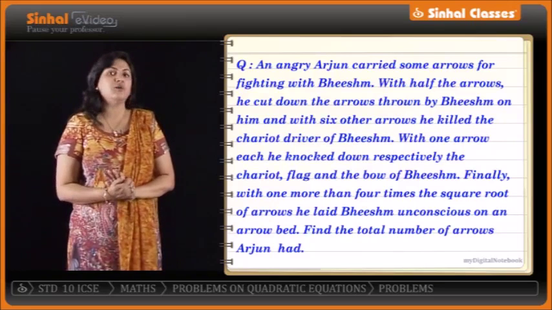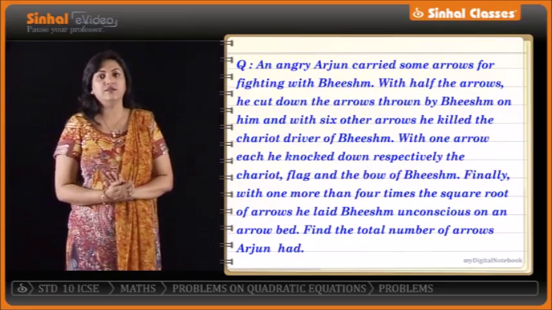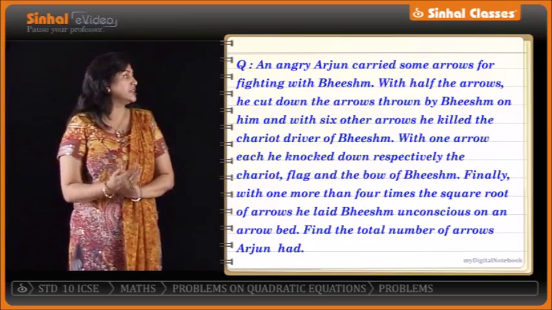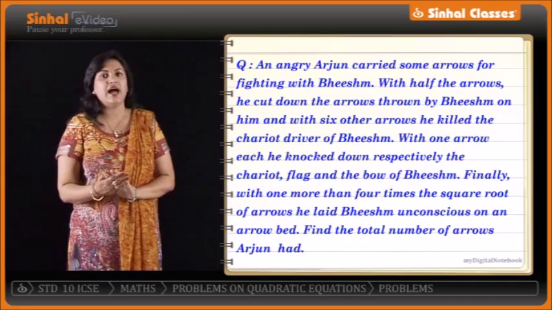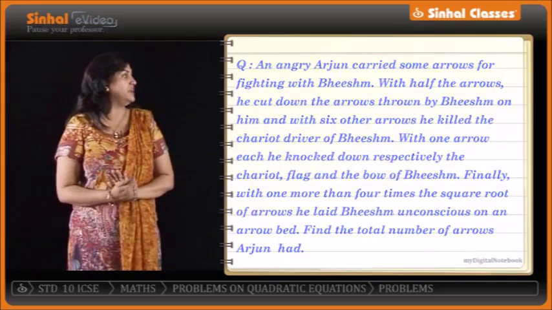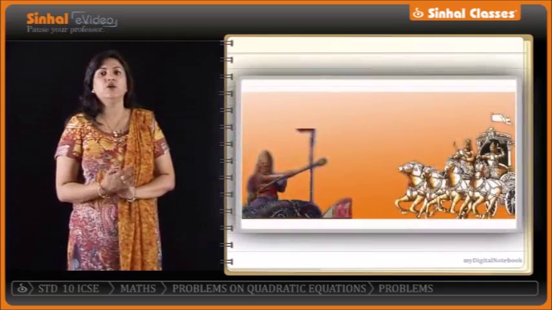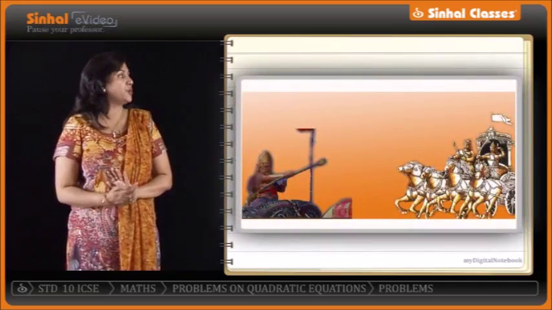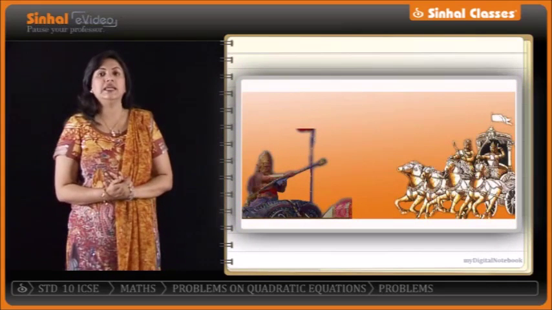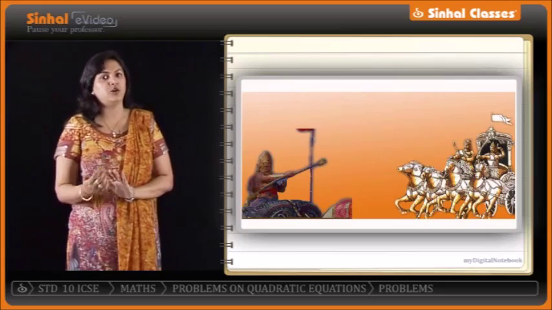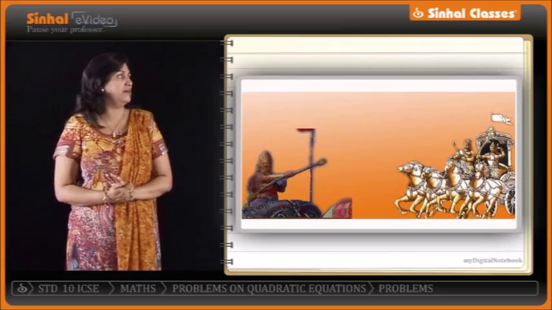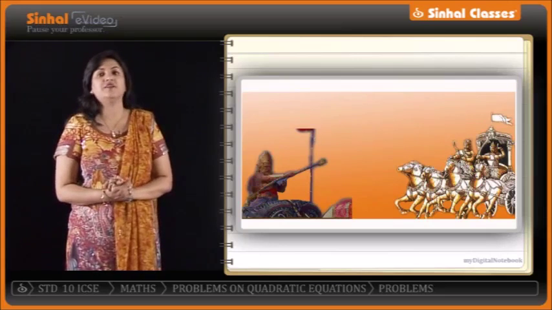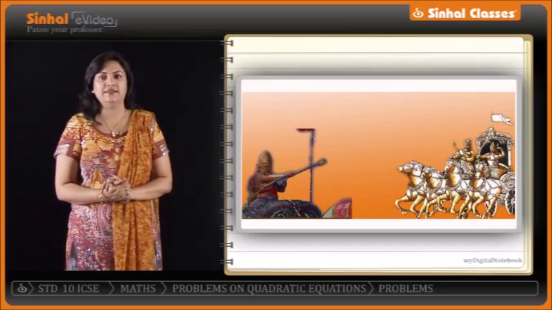With 1 arrow each, he knocked down respectively the chariot, flag, and the bow of Bhishma. Finally, with 1 more than 4 times the square root of the arrows, he laid Bhishma unconscious on the arrow bed. Find the total number of arrows Arjun had.